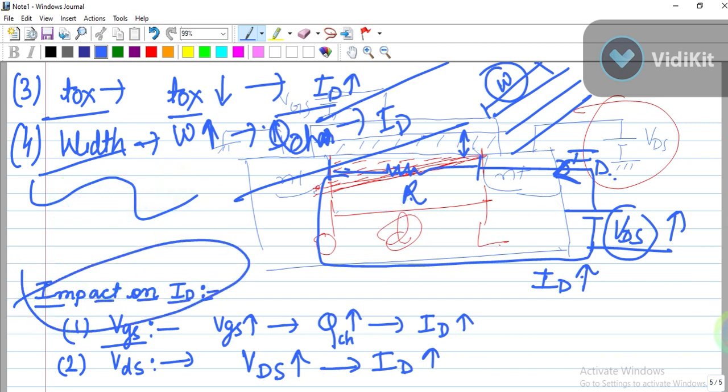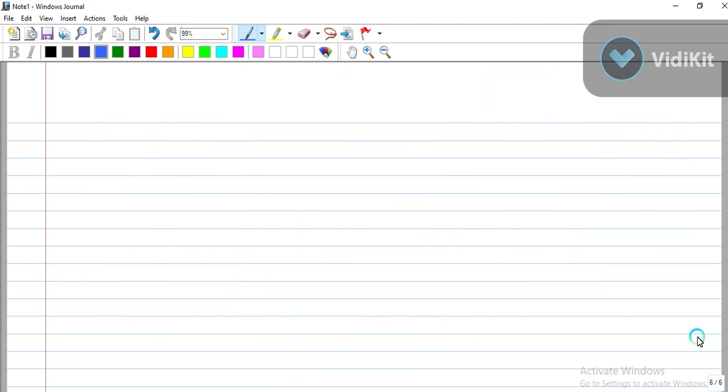So till now, what we observed: the first thing was the working of MOSFET.